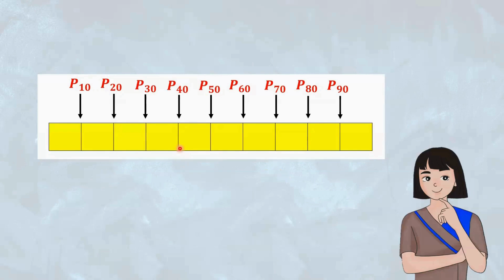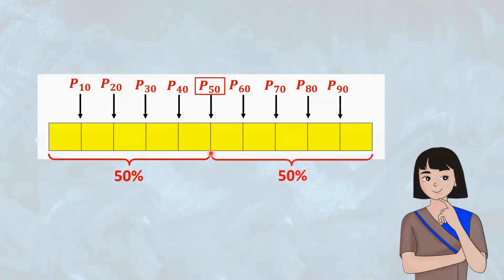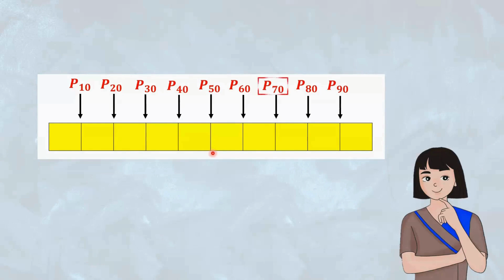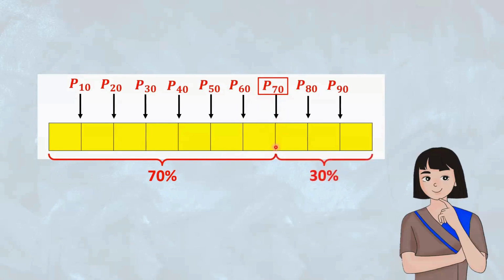Next, if a score falls on percentile 50, it means that 50% of the distribution is less than or equal to that score, and the remaining 50% is greater than or equal to that score. Next, if a score falls on percentile 70, let's say, it means that 70% of the distribution is less than or equal to that score, and the remaining 30% is greater than or equal to that score.